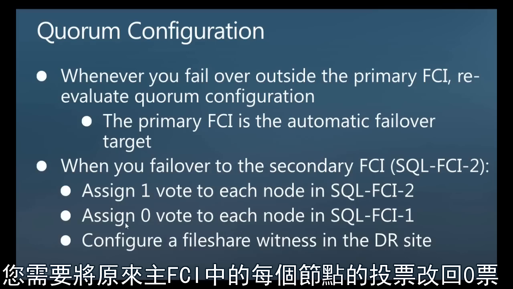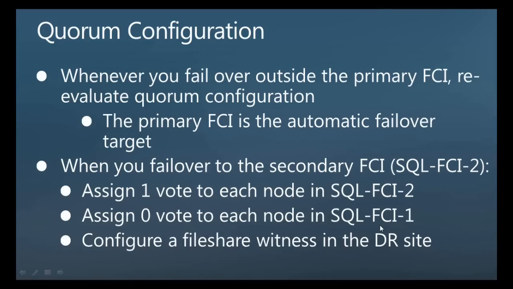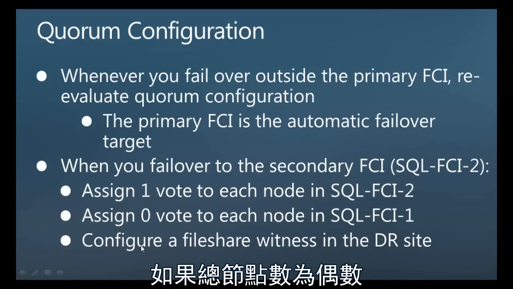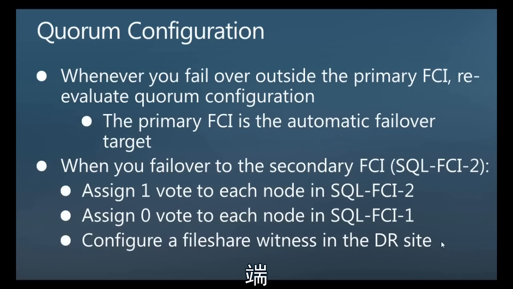You need to change it back to 0 vote for each node in the original primary, to make sure it won't impact the quorum mode if they come online. You can also configure a file share in the DR side if it's an even number of total nodes.